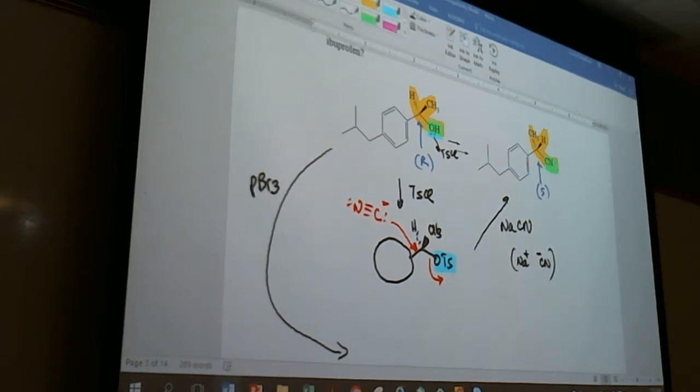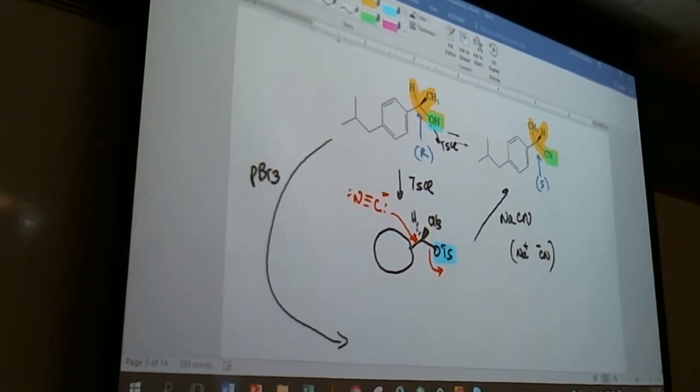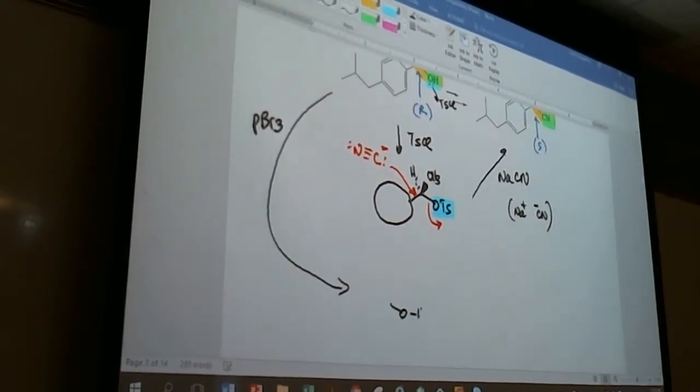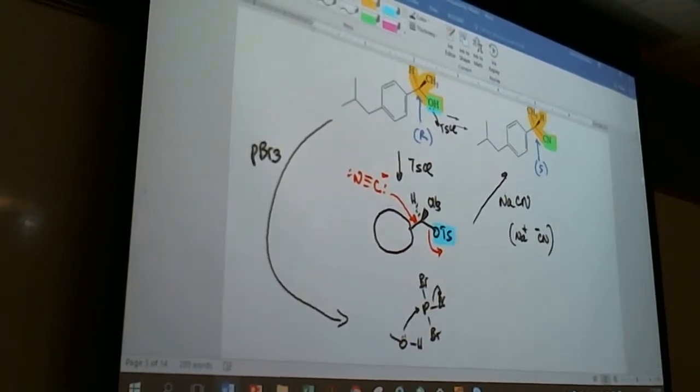Right, we talked about the fact that first your OH picks up, kicks out a bromide, right? Let's say. You form this intermediate here.